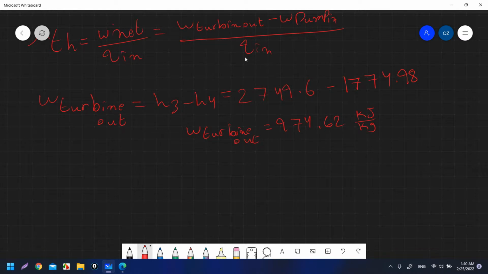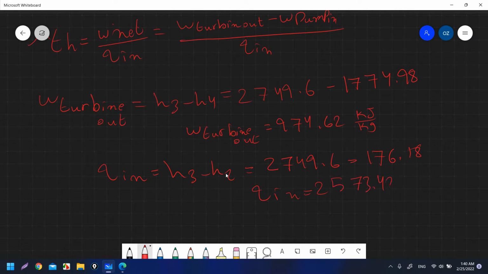Now I can use this equation, but still I didn't find Qn. So Qn is what? Qn is H3 minus H2, the right minus the left. H3 is 2749.6 minus H2, 176.18, and this will give you that Qn is equal to 2573.42 kilojoule per kilogram.